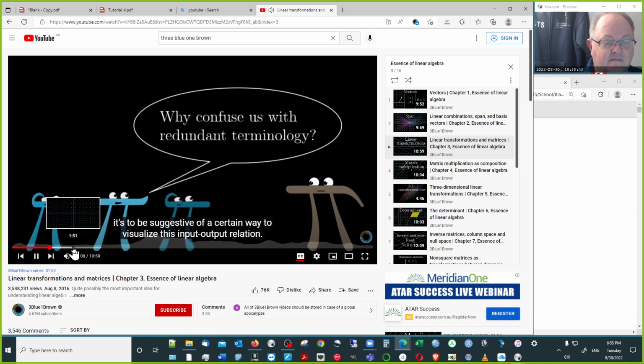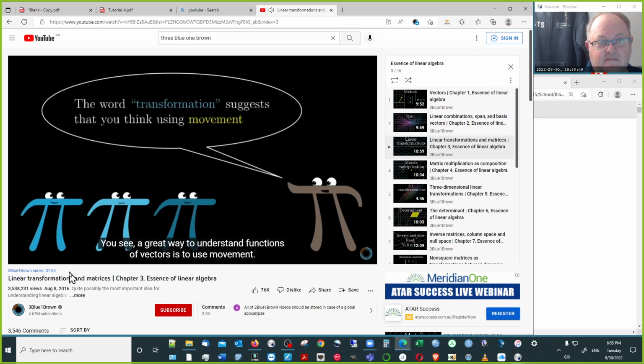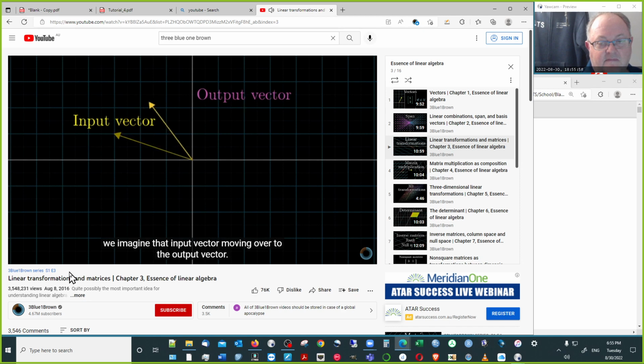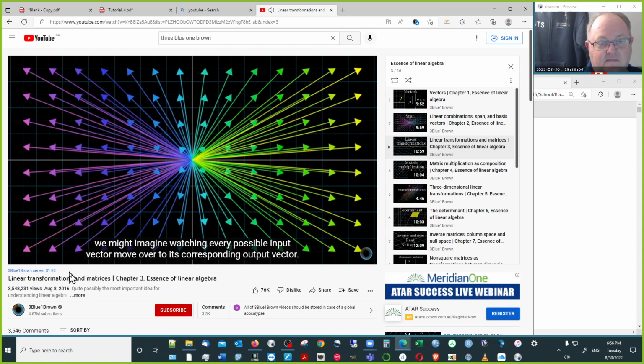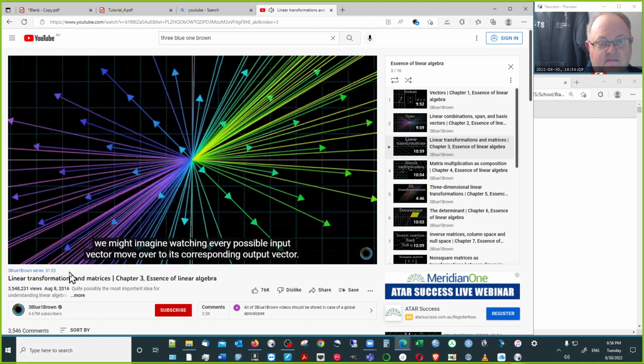Well, it's to be suggestive of a certain way to visualize this input-output relation. You see, a great way to understand functions of vectors is to use movement. If a transformation takes some input vector to some output vector, we imagine that input vector moving over to the output vector. Then to understand the transformation as a whole, we might imagine watching every possible input vector move over to its corresponding output vector.